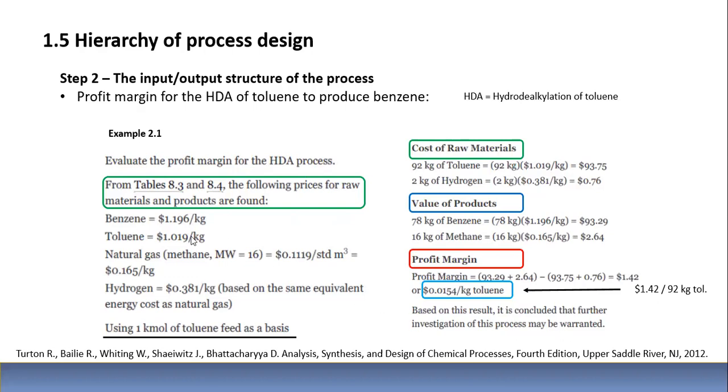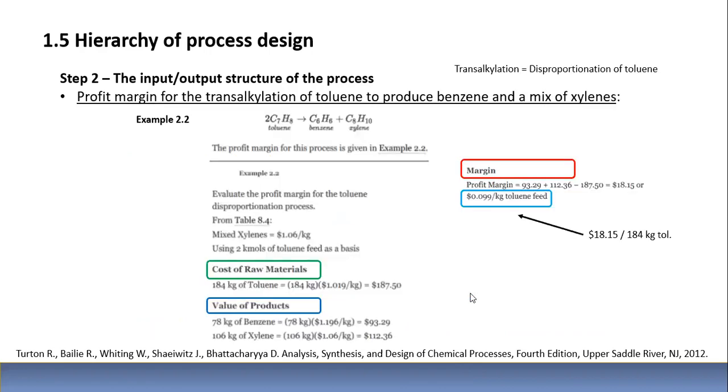The profit, according to the cost of the raw materials and the selling price of the product, was about $0.015 per kilogram of toluene. So it was 1.5 cents per kilogram of toluene. That was a very small profit.